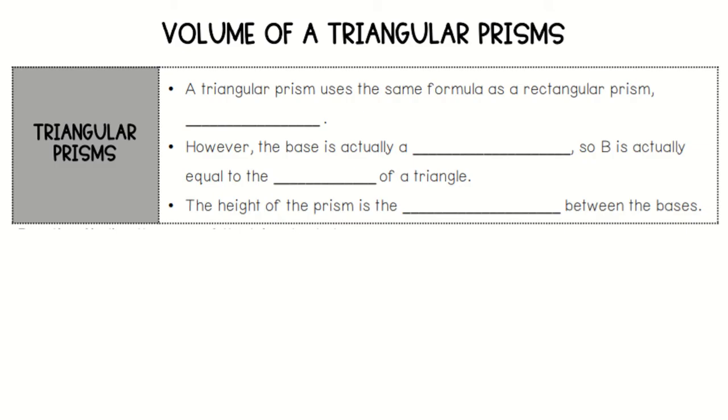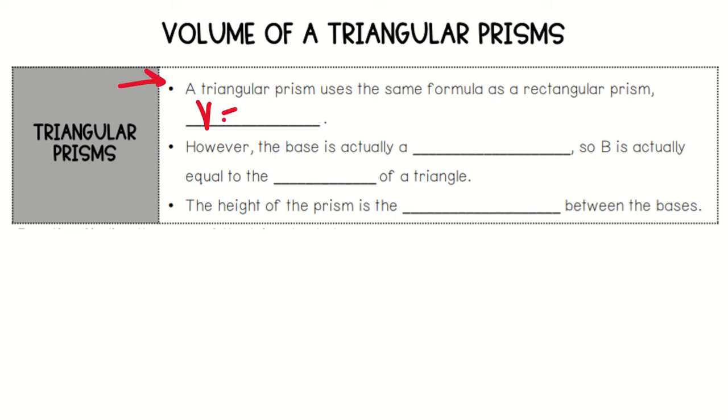Okay, so let's continue with our notes on triangular prisms now. So our new topic. Few definitions, and then we'll jump into the formula and examples. So triangular prisms use the same formula as a rectangular prism. Well, but we're going to make a tweak. We're going to make a change to this.